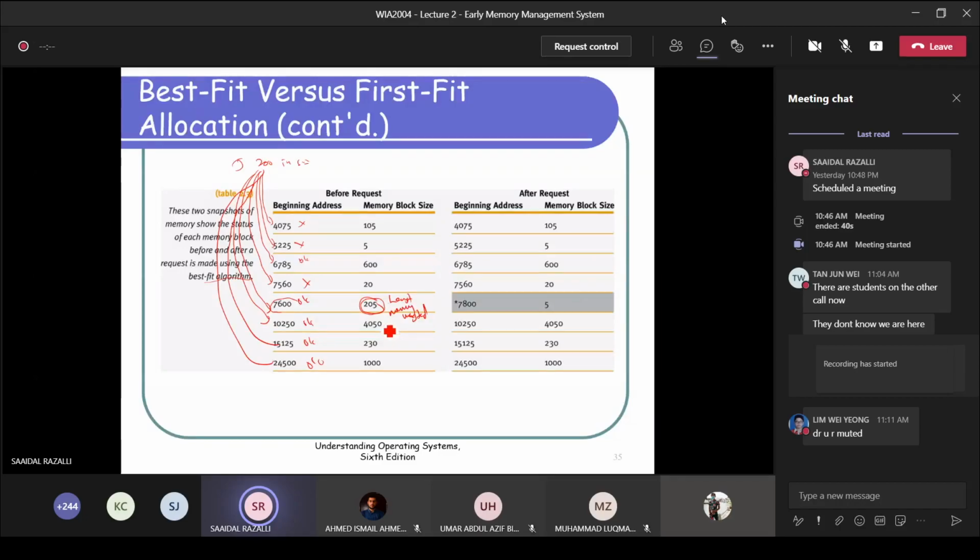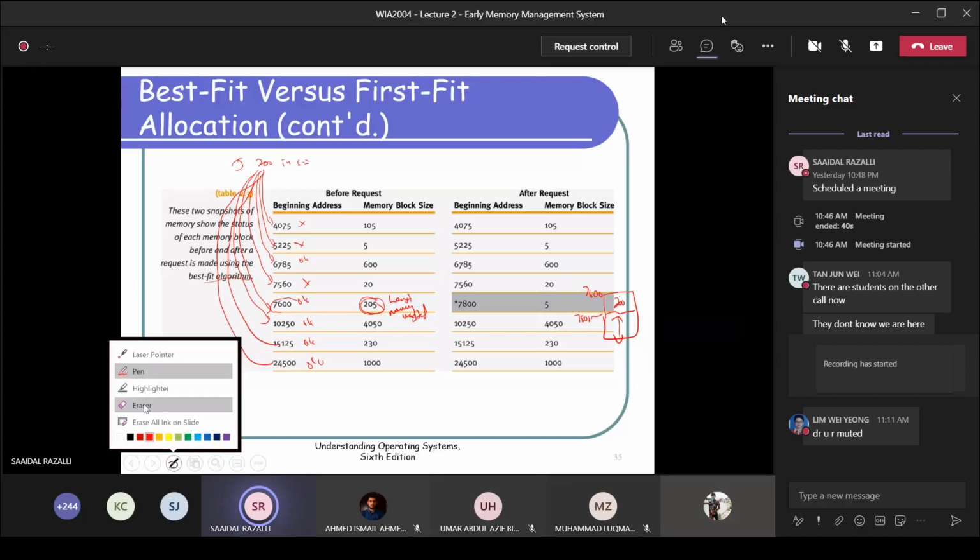From this one, 7600, the new block will be 7600, and this one will be 7800.